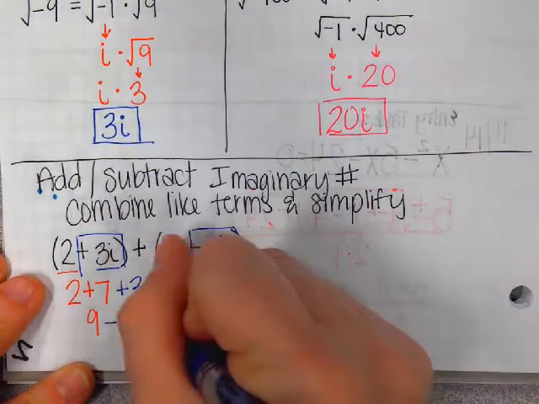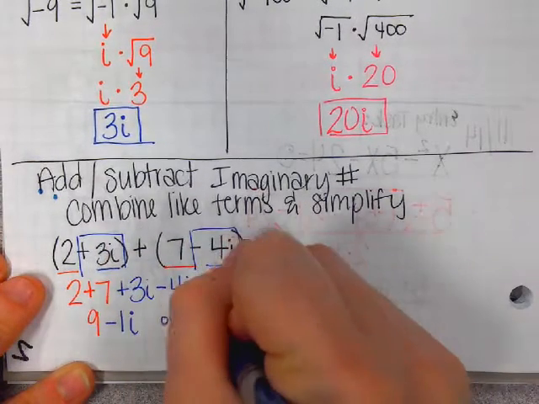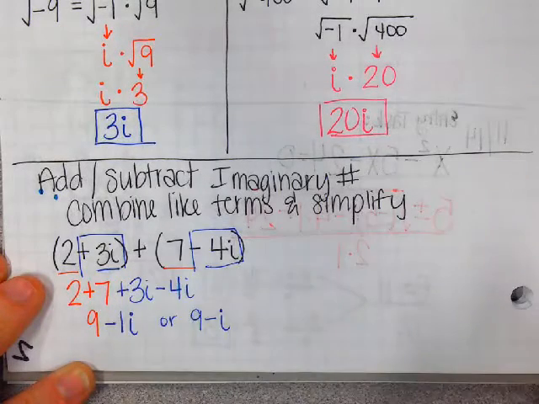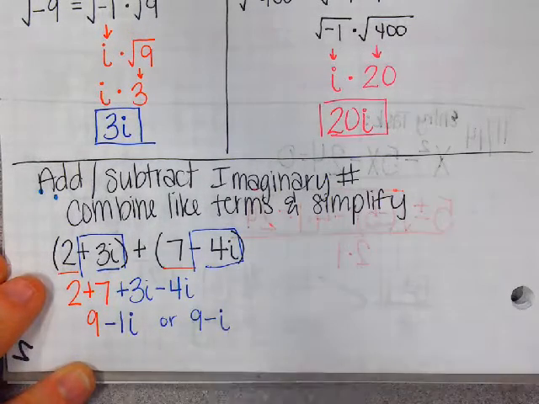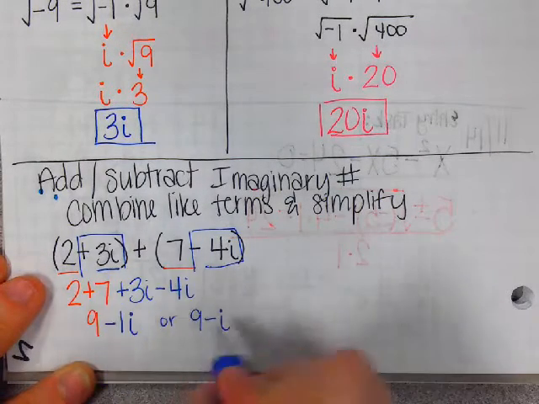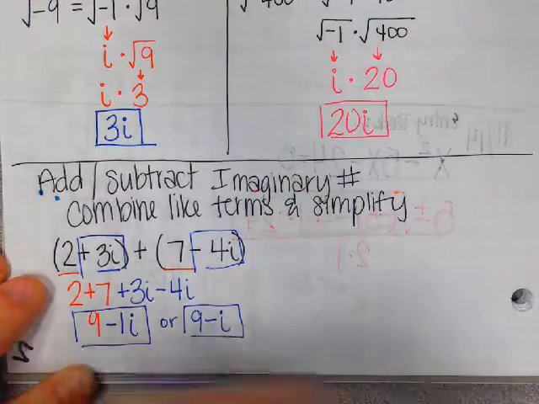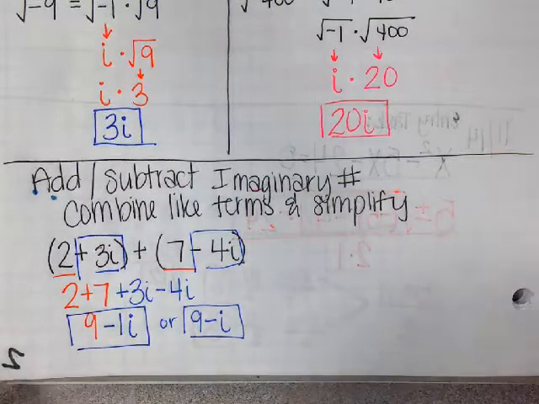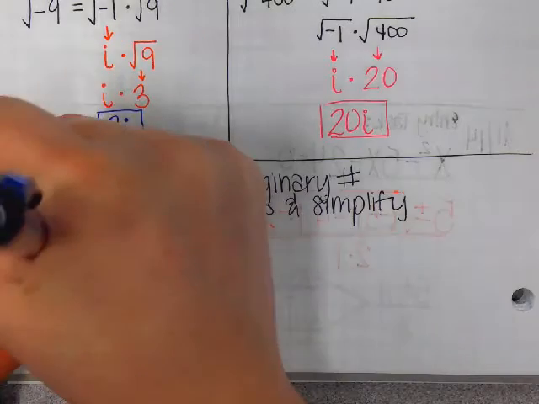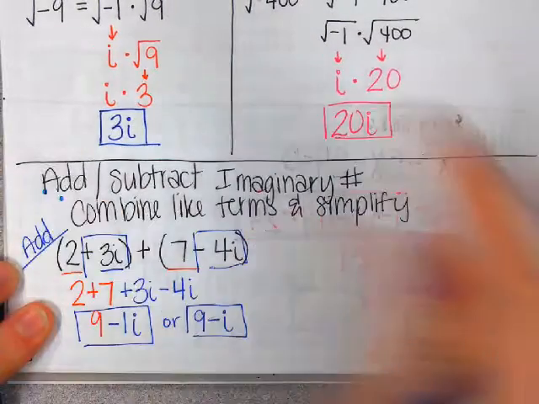Just like with variables, you don't have to write the -1, so you could also write it as 9 minus i. Minus 1i is the same thing as just minus i. So whichever, and this was adding because there's an addition sign between.